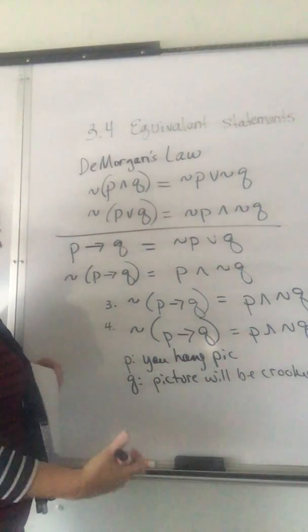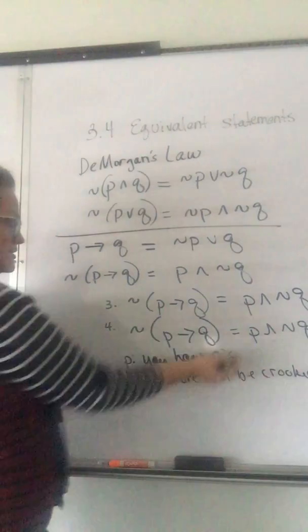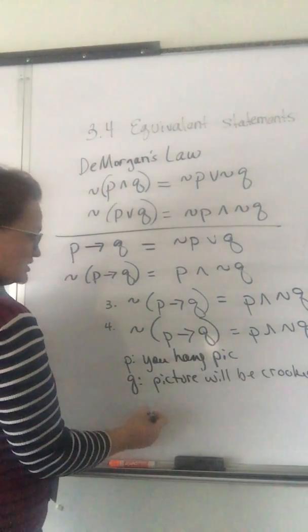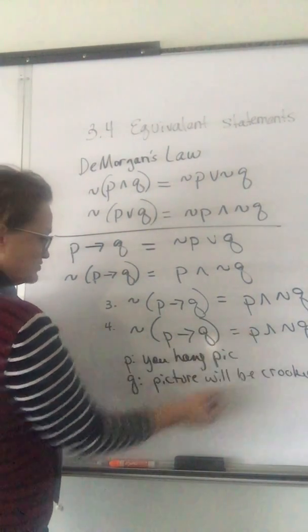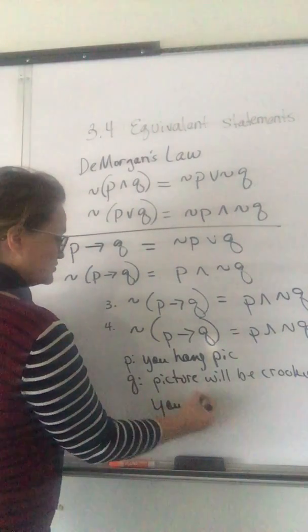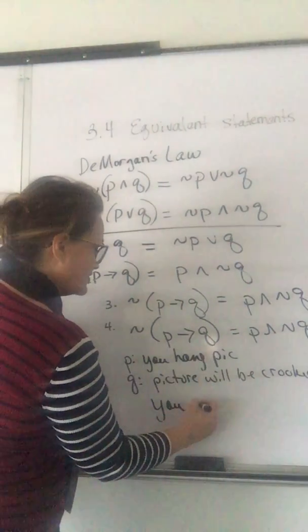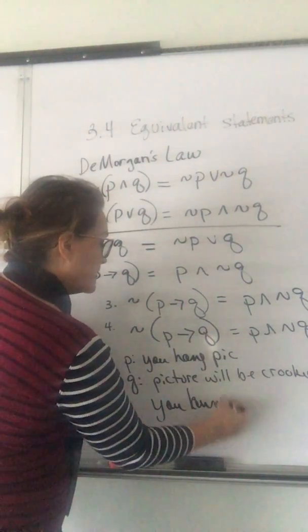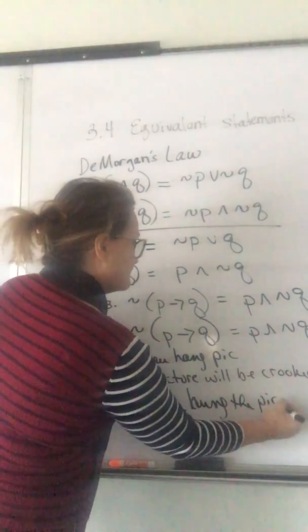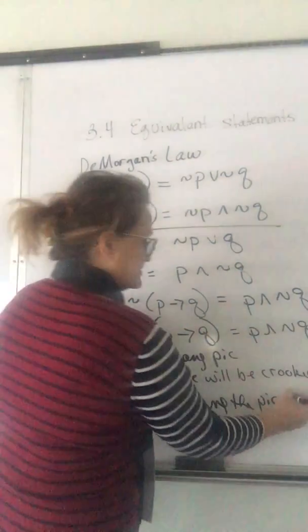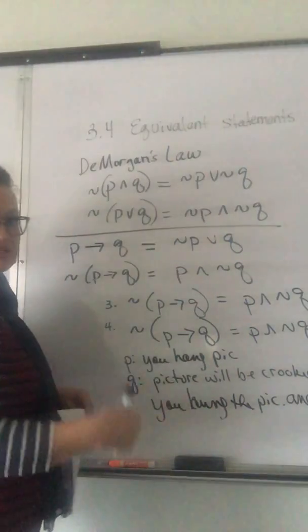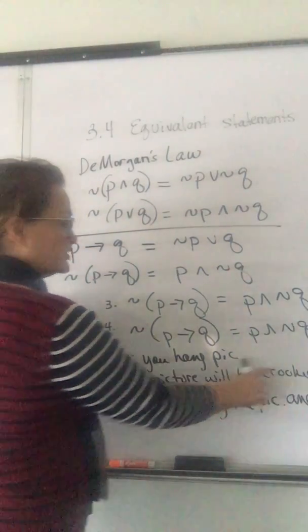So let's write that out as an equivalent in words. P is if you hang the picture, or we don't use the word if here because it's just regular P, so let's say you hung the picture. And then and is our connective, and then you want to negate Q. The picture will not be crooked.